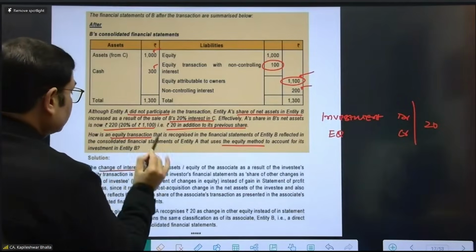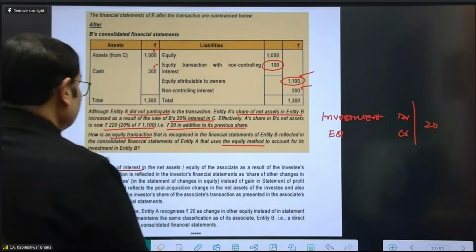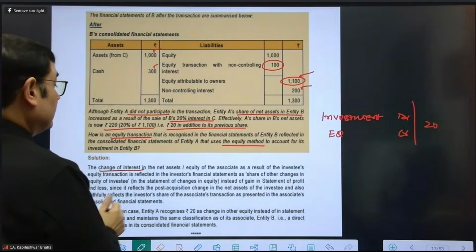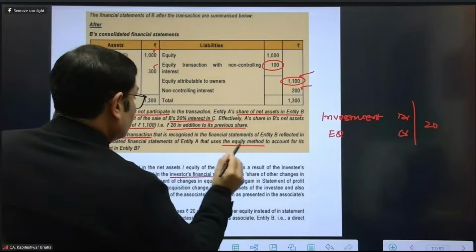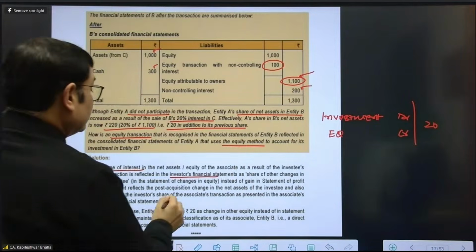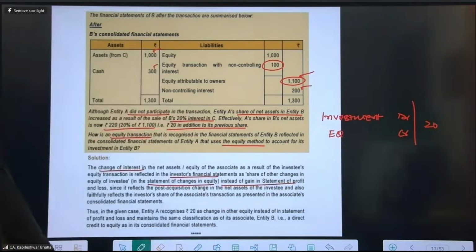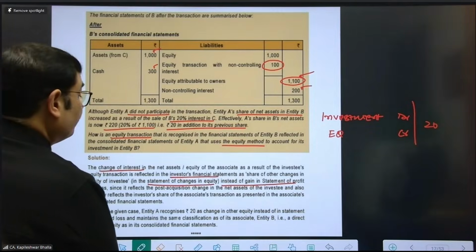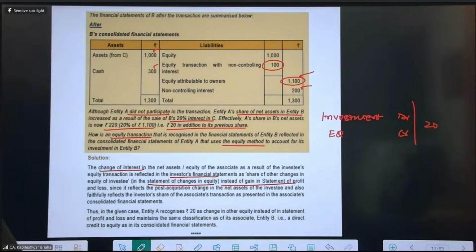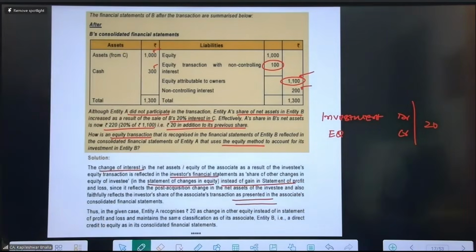The changes in the interest in the net assets of the associate as a result of the investee's equity transactions are reflected in the investor's financial statements as a share of changes in equity. It says it'll enter in the SOCIE instead of the statement of P&L, since it reflects a change in the net assets and faithfully reflects the investor's share as presented in the associate's consolidated statements.